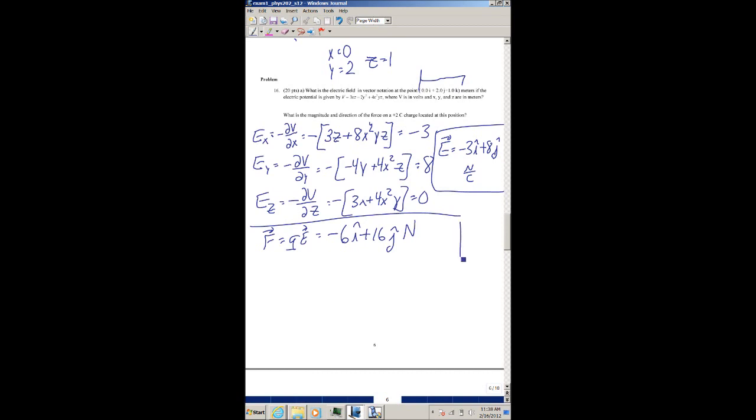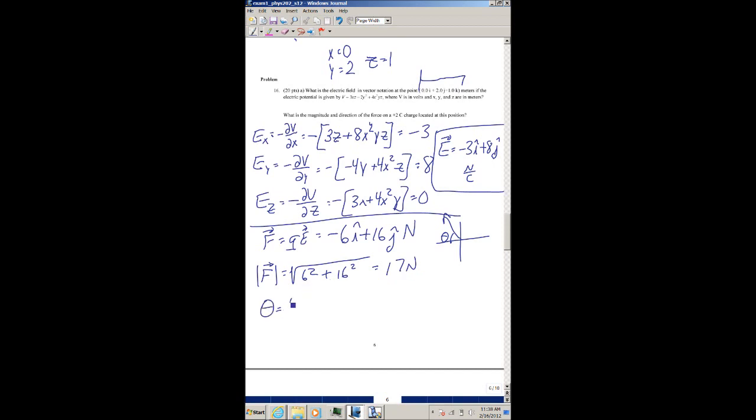Now, if I sketch this out, my x component is negative, my y component is positive, so this vector is going to be in this direction. I want to find that angle and find the magnitude. The magnitude of the force is from the Pythagorean theorem, 6 squared plus 16 squared, and that's equal to 17 newtons.